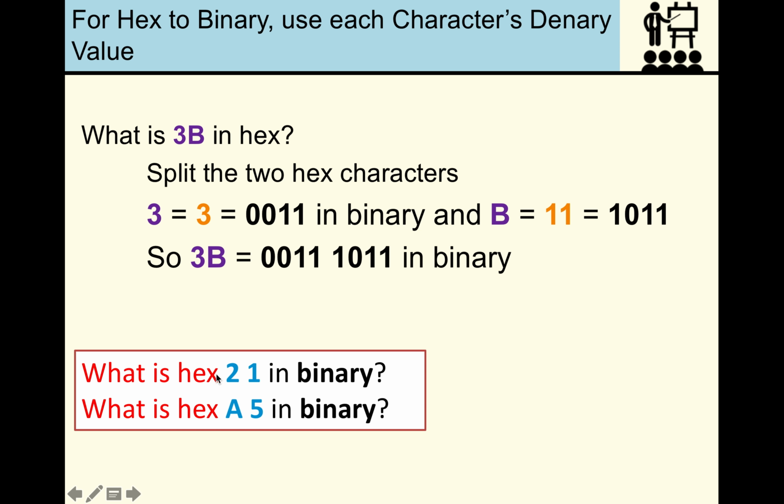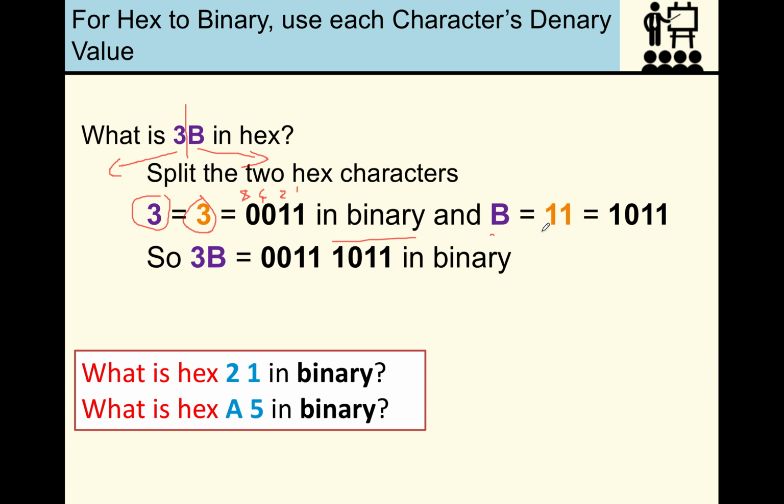So the last thing that we're going to look at is going the other way around. So can we work from hexadecimal to binary? We're going to use the same method. We're going to split our hexadecimal up into two characters. And we know that 3 in hexadecimal is 3 in denary, which would work out to 0011 in binary.